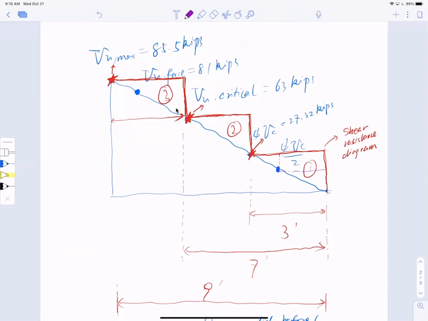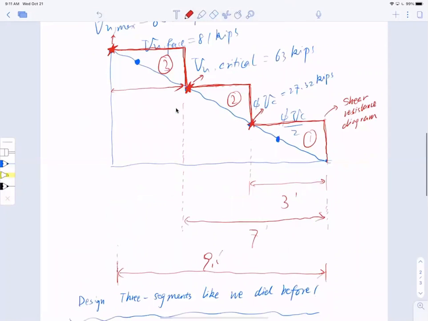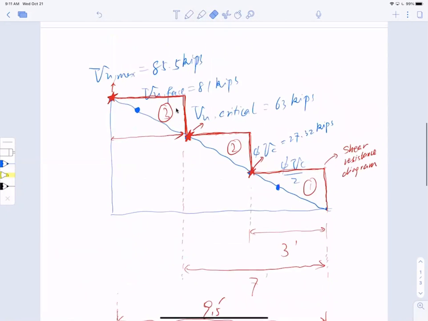But the new code 19 says that's dangerous, you need to provide at least some shear reinforcement anyway. So I want to be clever. I will just design it for Vc. Better safe than sorry. So that is my new shear resistance diagram, and I'm going to design the shear for this.